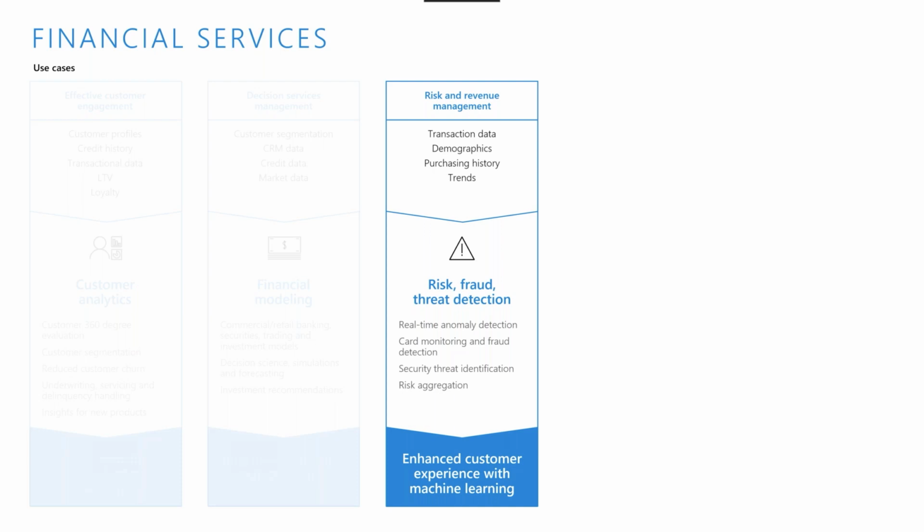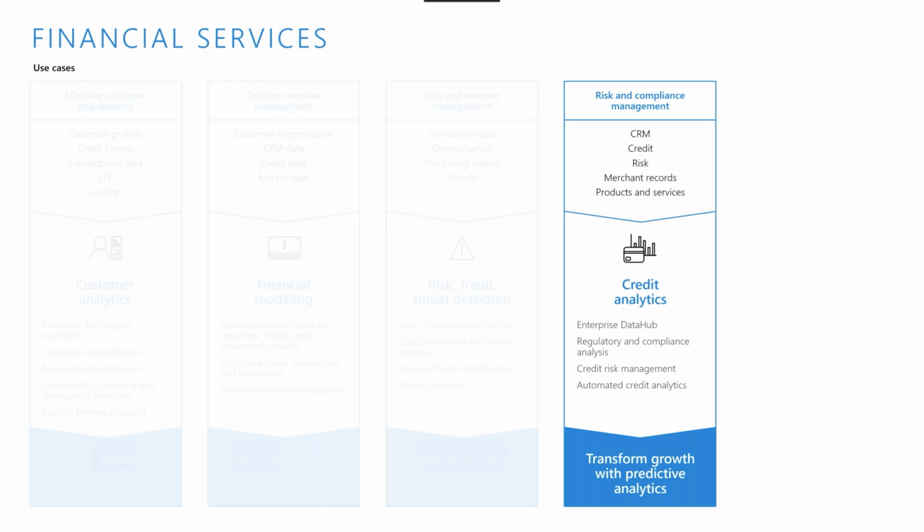So risk, fraud, threat detection is extremely important when it comes to anything financial related, and that's where the speed of Spark comes into play here. Credit analytics, same thing. Being able to understand your customers a little bit more, right?